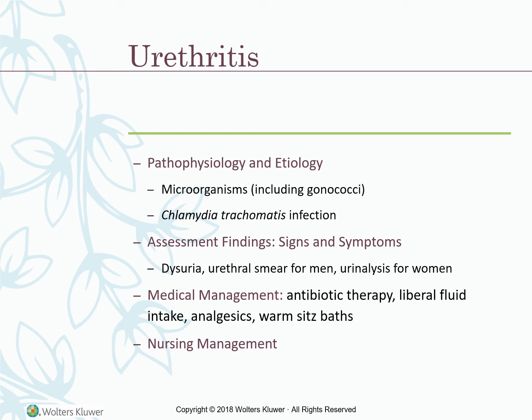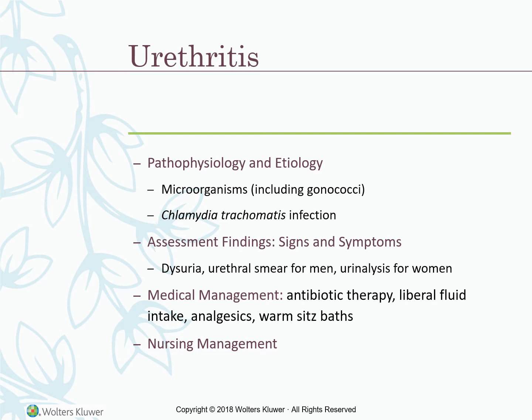The client's history and symptoms often provide a tentative diagnosis. In men, a urethral smear is obtained for culture and sensitivity to identify the causing microorganism. In women, a urinalysis may identify the cause of the microorganism.